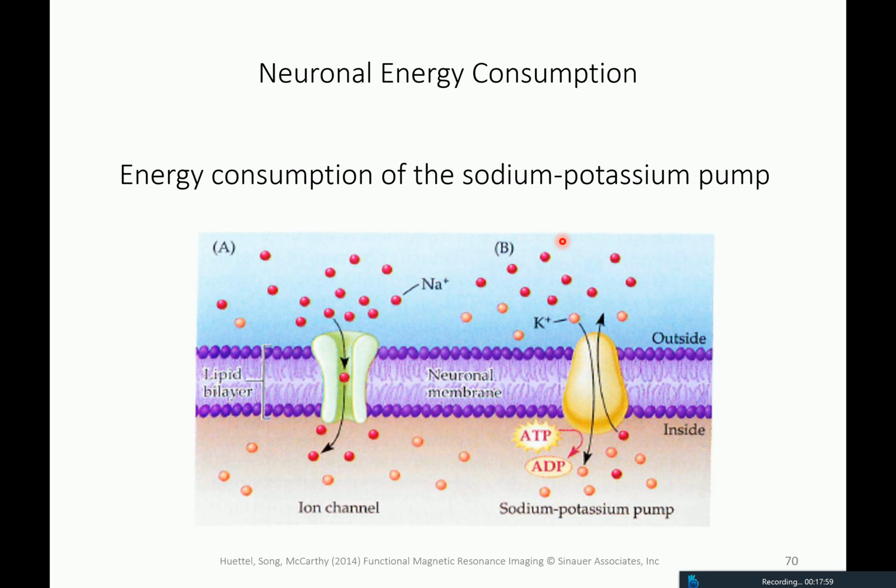You all learned about action potentials in school or in psychology or in college, and you know that the whole neural communication works because there are these gradients of certain ions over the neuronal membrane, so that there is, for example, a higher intracellular concentration of potassium and a higher extracellular concentration of sodium.